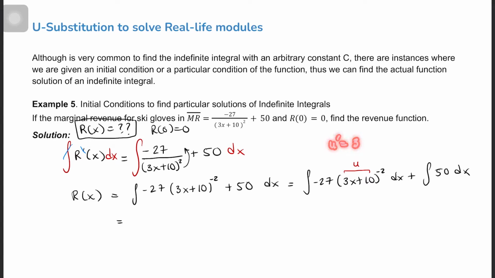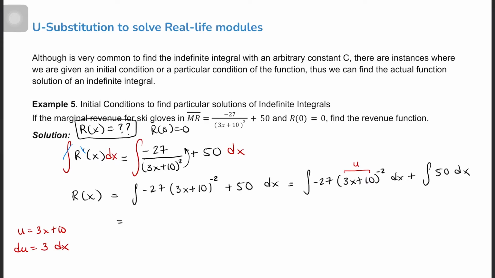We can always come up with a number. So it seems like this is gonna work out just fine if we let the inner function 3x plus 10 be u. So du will be 3 times dx.